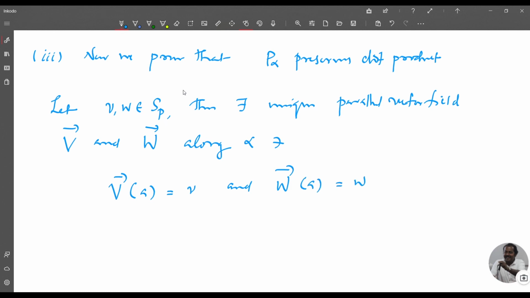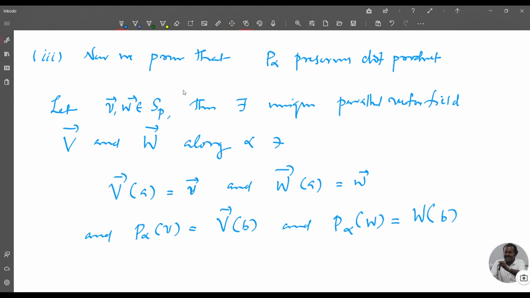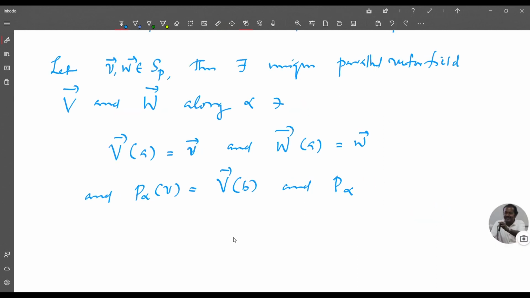And P alpha of v is V of b and P alpha of w is W of b.